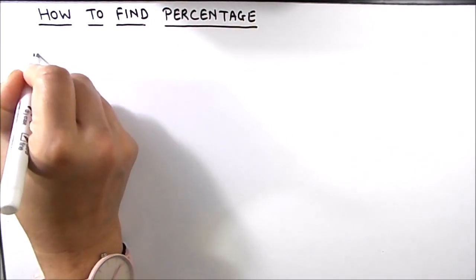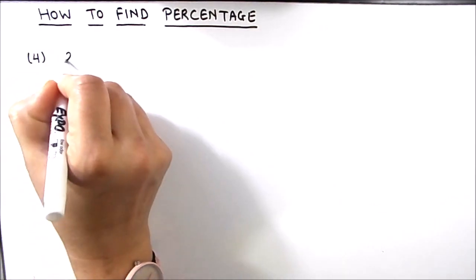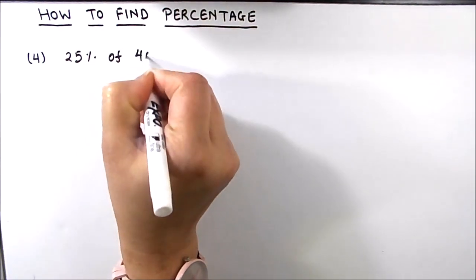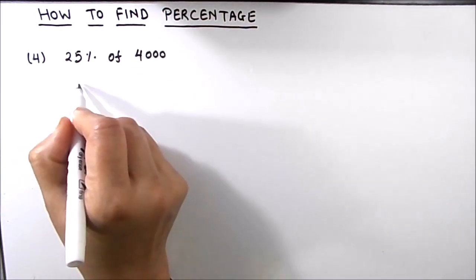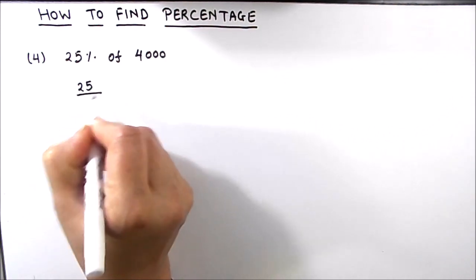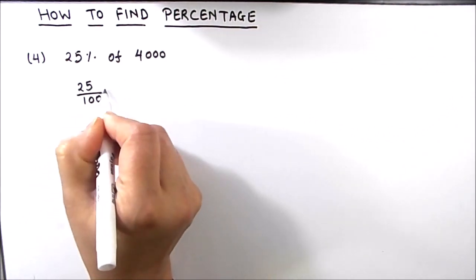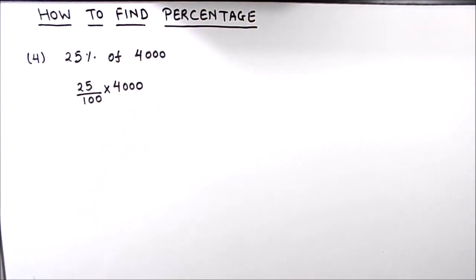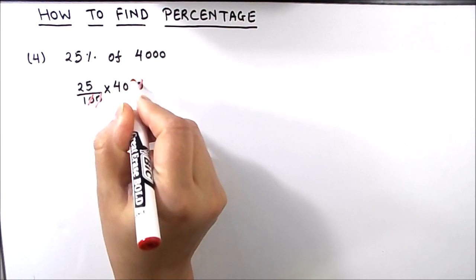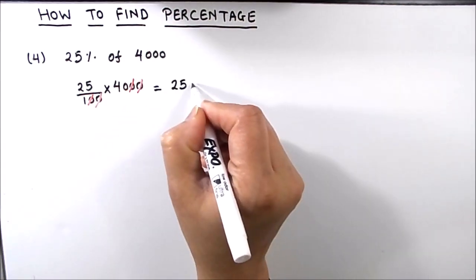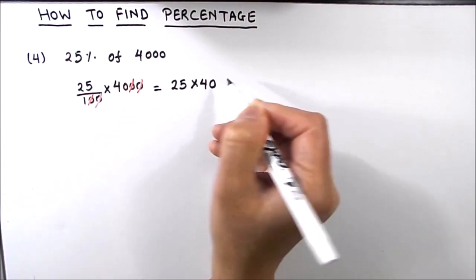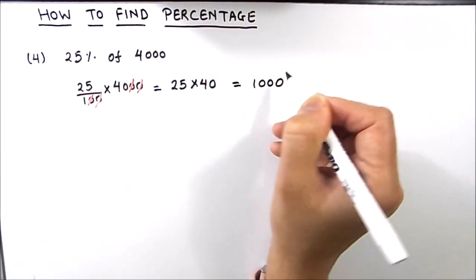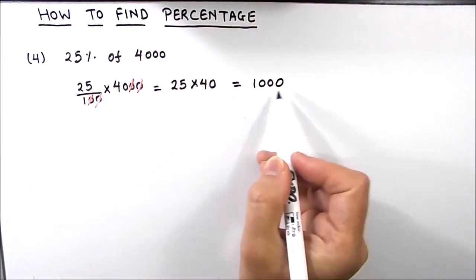So let us solve a few more examples and find out 25% of 4,000. So 25% will be 25 divided by 100. Of means multiplication, and 4,000 will be 4,000. Here these two zeros get cancelled with the zeros above, and we now have 25 times 40. 25 times 4 is 100, followed by a 0 for 40, so this is 1000.